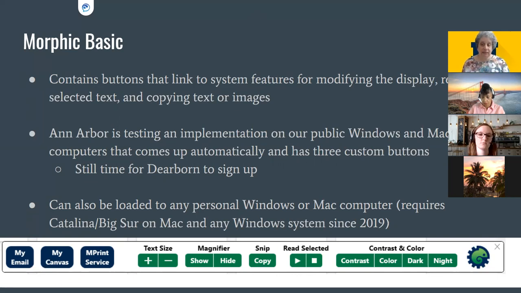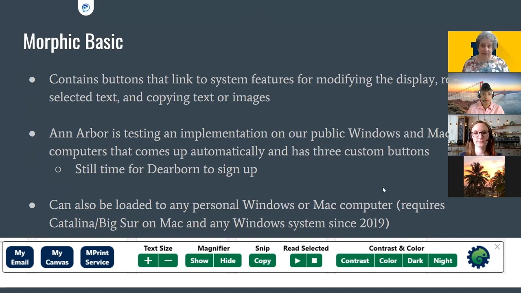Because Ann Arbor is participating in a beta test for the Morphic team, we've been able to roll it out to our public computers, and we've been able to have these 3 Ann Arbor specific buttons added to the toolbar. There's certainly still time for Dearborn to sign up for the beta if they're interested. The Morphic team is wonderful to work with, and it's a great mutual learning session.